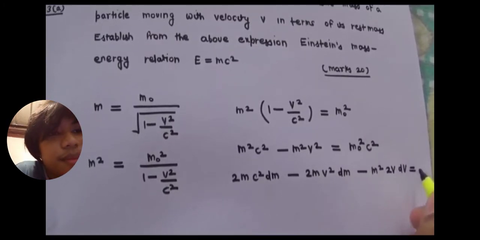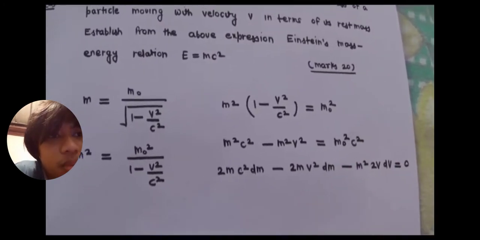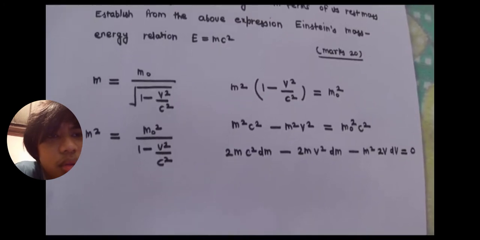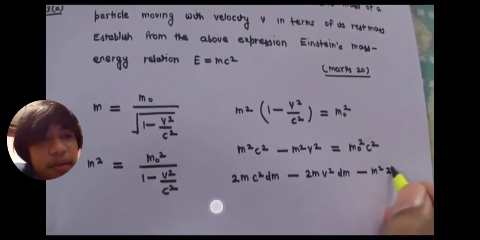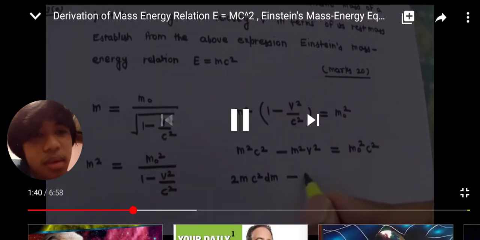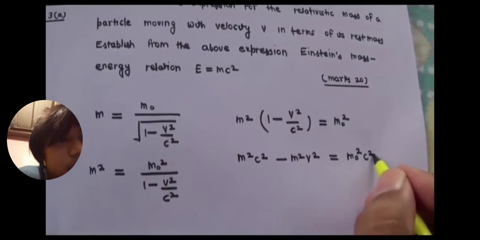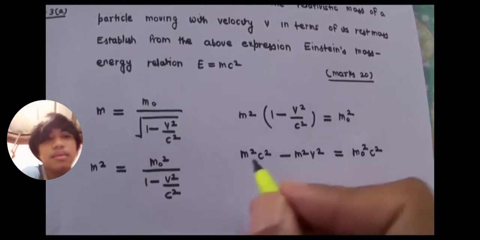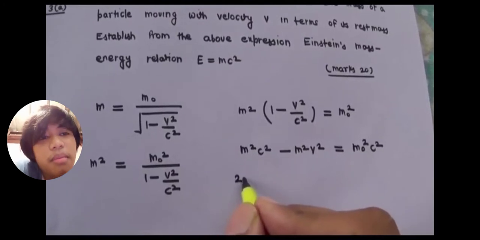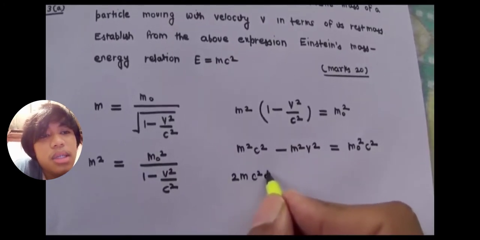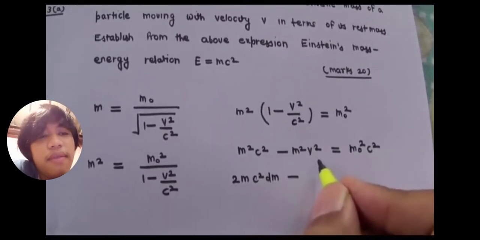Now differentiate this equation. We will get 2m c square dm, minus m square v square, m0 square c square is a constant; this cannot be differentiated, it is just a constant.